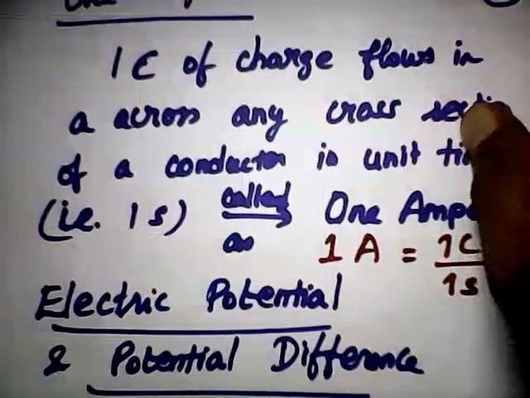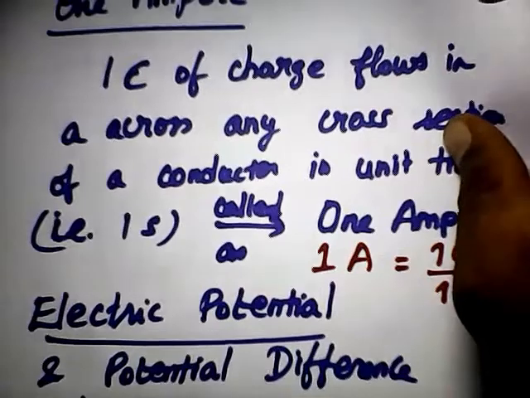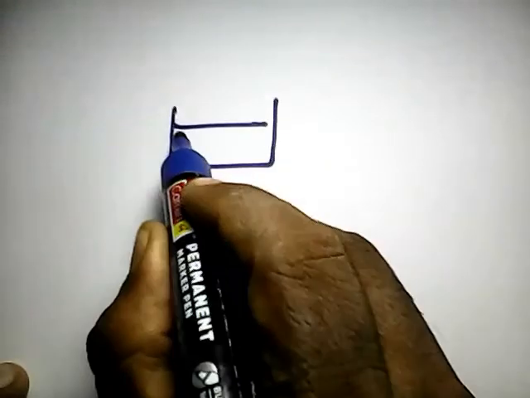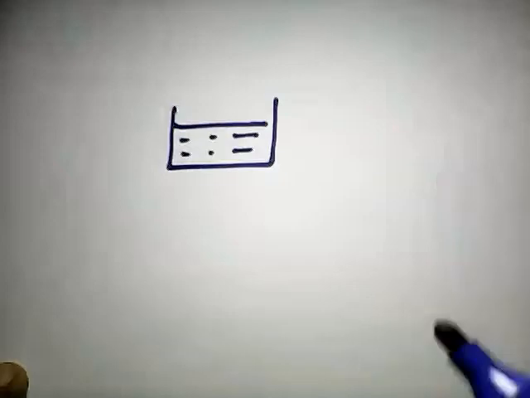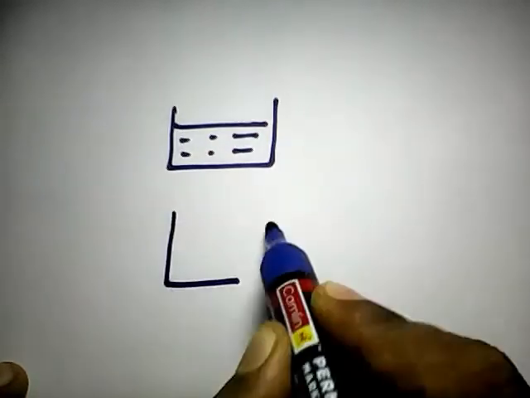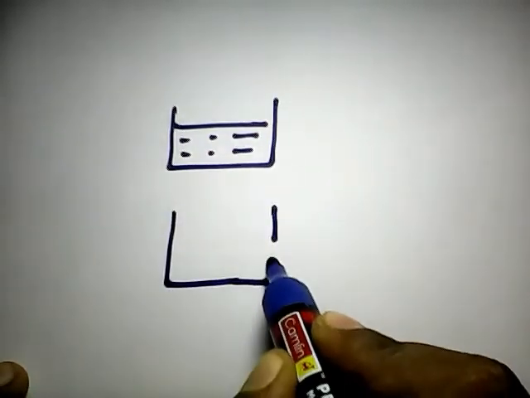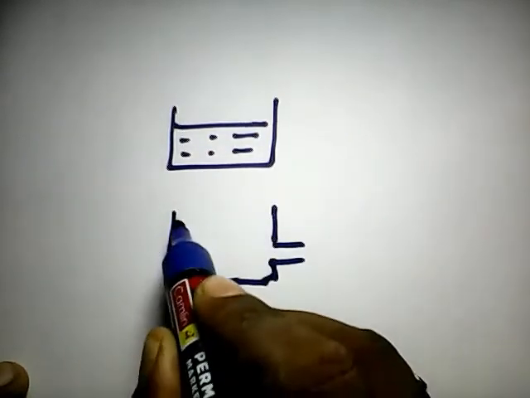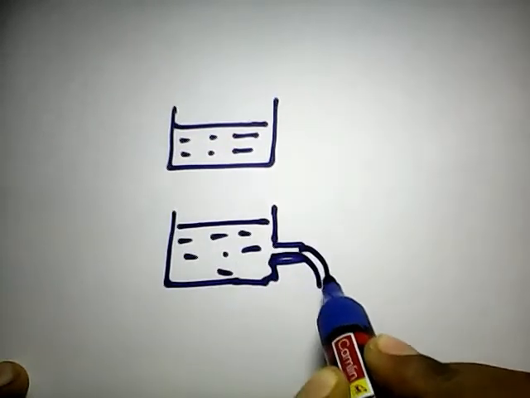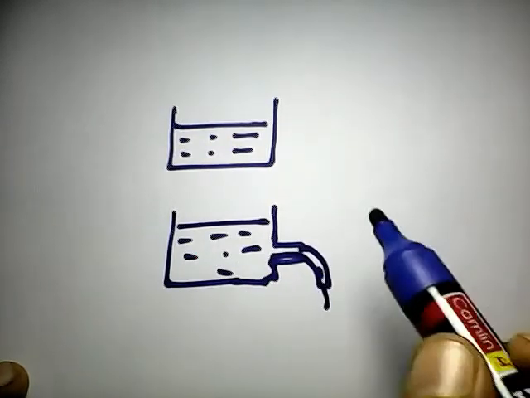We will see some examples for potential difference. Suppose water is contained in a beaker, the water does not move. Whereas if you take the same beaker and make a hole in it, now the water moves from this point to this point and flows like this.